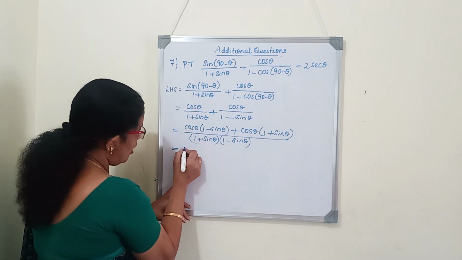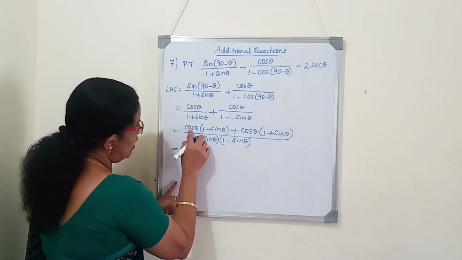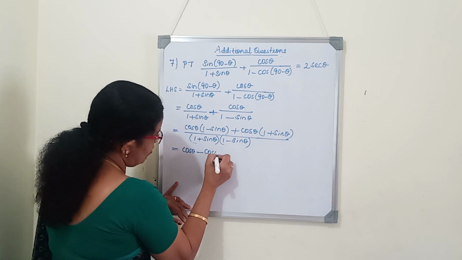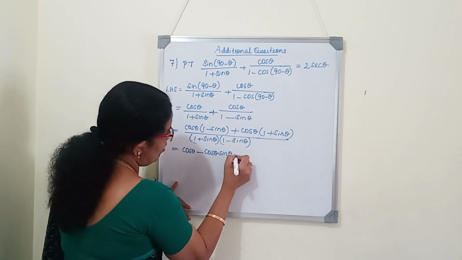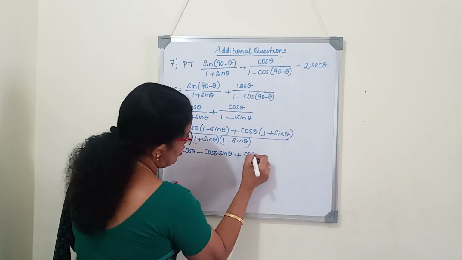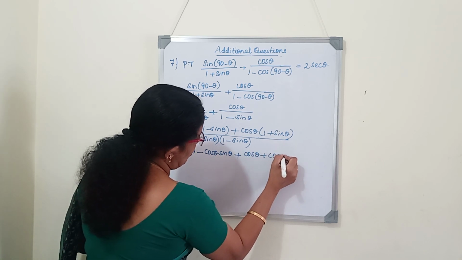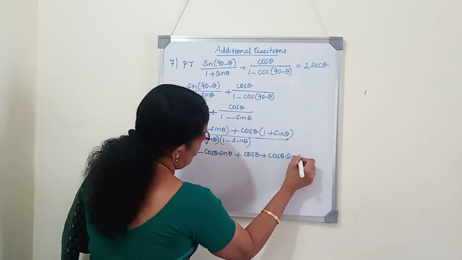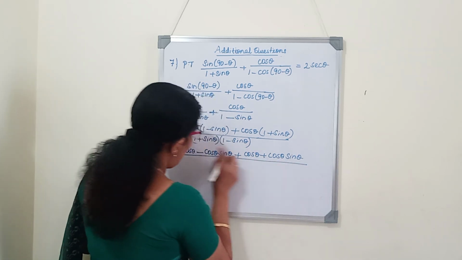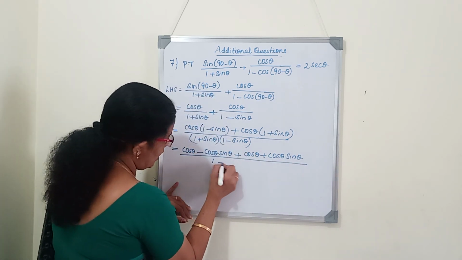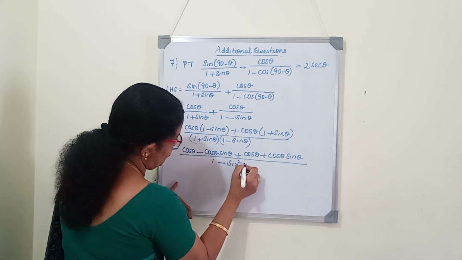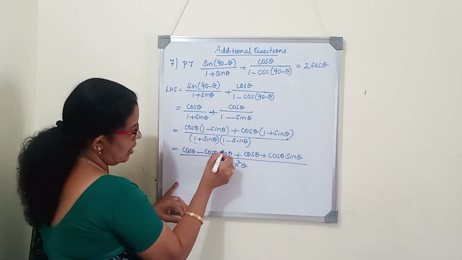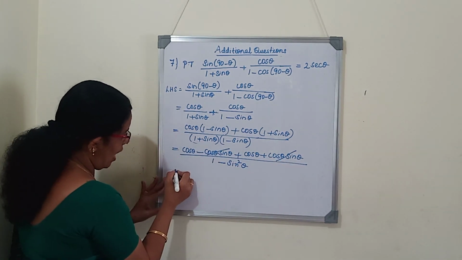Now cos theta into 1 is cos theta, minus cos theta sin theta, plus cos theta into 1 again cos theta plus cos theta sin theta. Numerator all expanded. Denominator a plus b into a minus b, a square minus b square. Now minus cos theta sin theta plus cos theta sin theta will cancel.